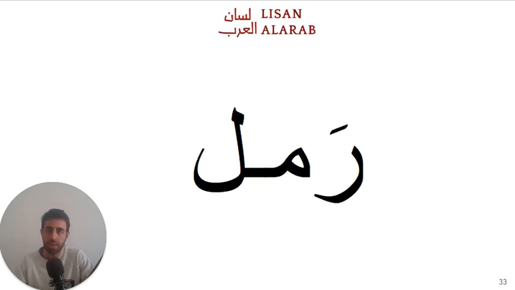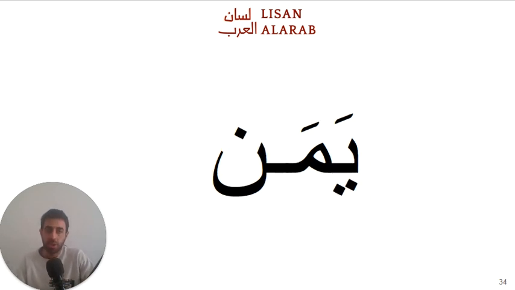So here in the first part, in every slide, I will introduce you a word. I will pronounce the word. Then the next one will be, for example, we have here Raml. Then I will show you the next word, and you can pause here and try to guess what letters you saw before, what are the new letters.